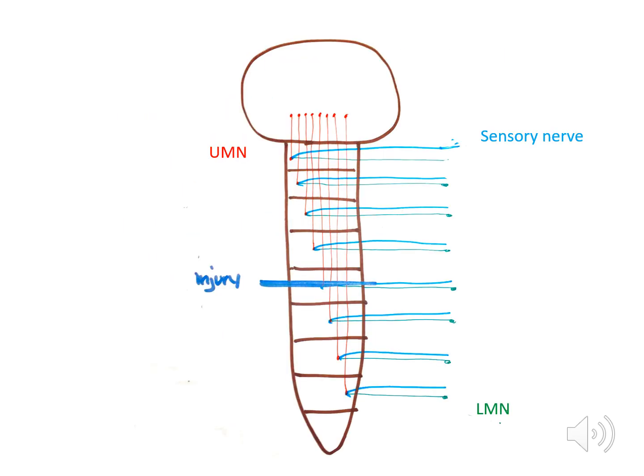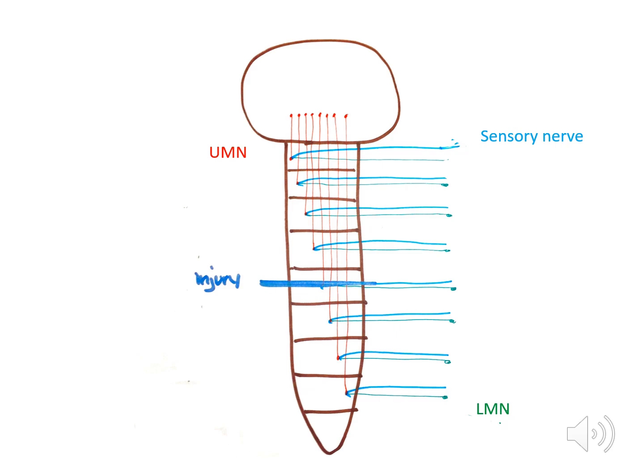What about at the level of the injury? In that spinal cord segment that has been damaged, nothing should be happening there, right? Because that damage has pretty much messed up any synapses that are supposed to occur there.